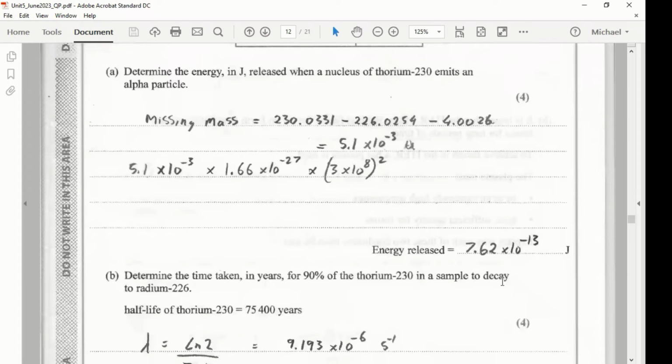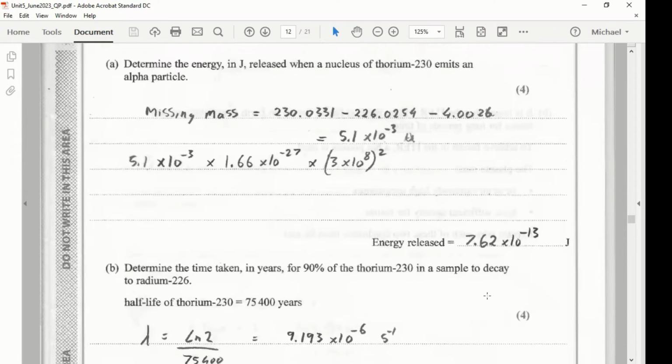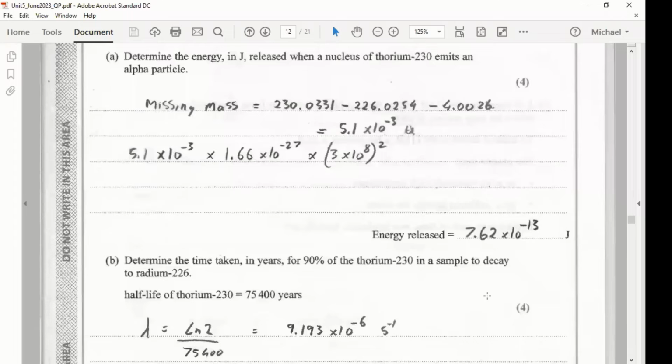Determine the time taken in years for 90% of the thorium-230 in a sample to decay to radium-226. Half-life of thorium-230 is 75,000 years. Before we even start, let's do a quick and dirty estimate. After one half-life, it would be down to a half.